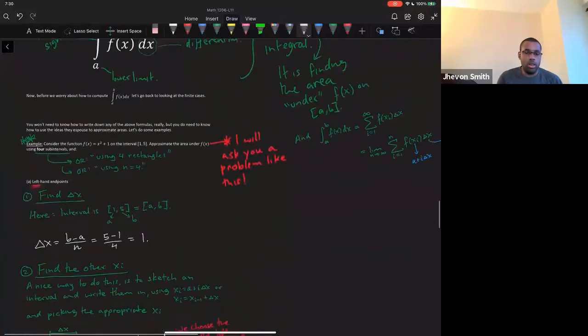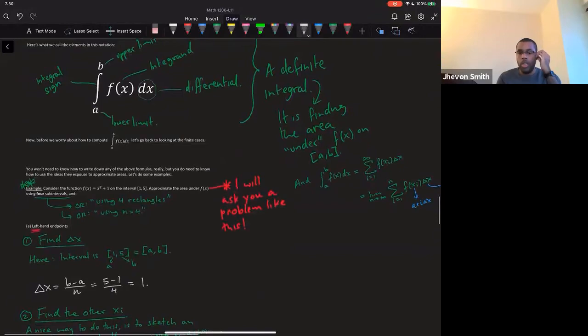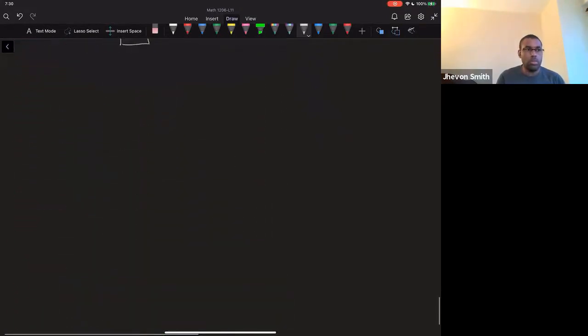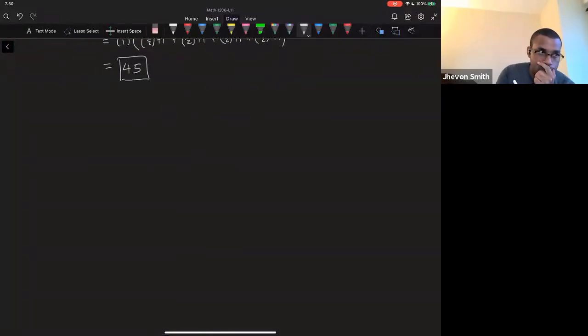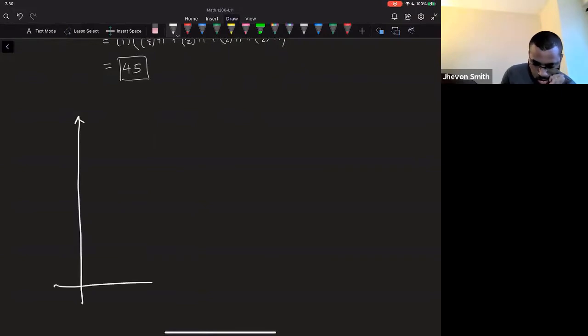If you look at this curve, the x squared plus 1, you would notice on the interval 1 to 5, it's actually increasing. So if I look at, say, our function is like this.